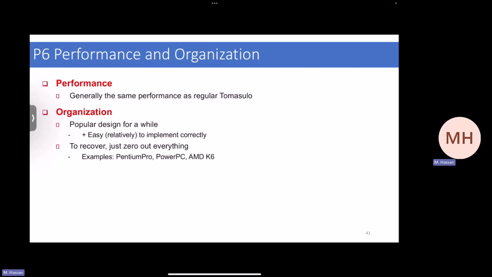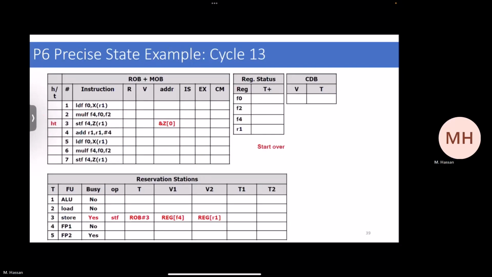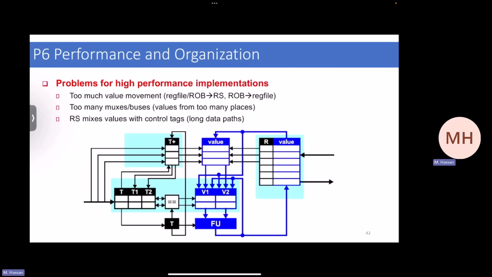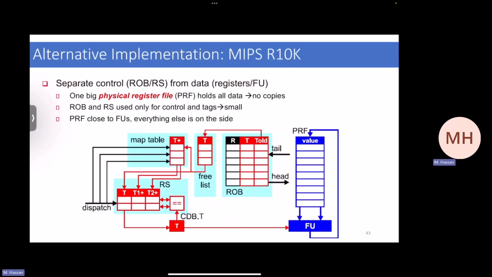So I maintain not only the tag, but also the actual data values, right? When I go back to this example here, in the ROB I'm maintaining my tag, but also the value I want to write. Also in the reservation station, I'm maintaining the tags, but also the values I want to write or read from, right? This is another observation that might be limiting the performance and the scalability of the B6 architecture.